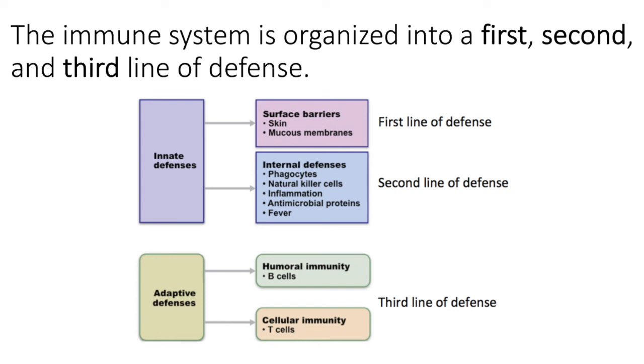We will explore T cells and B cells soon. Okay? So overall, the immune system is made up of all of these structures, responses, cells, molecules that work together to identify a pathogen and eradicate it so that it doesn't harm the body further.